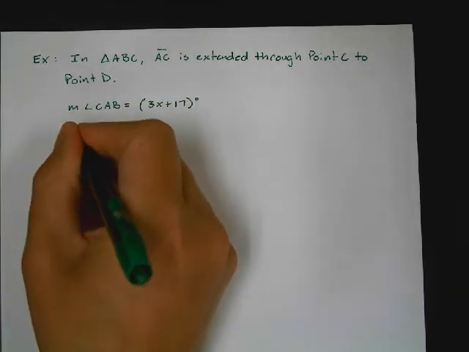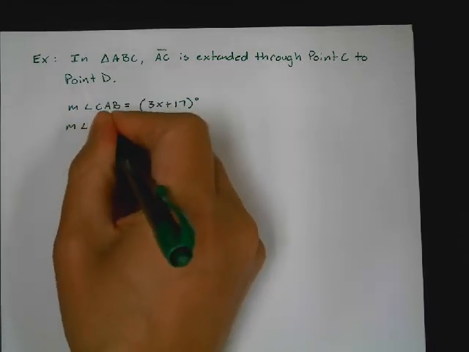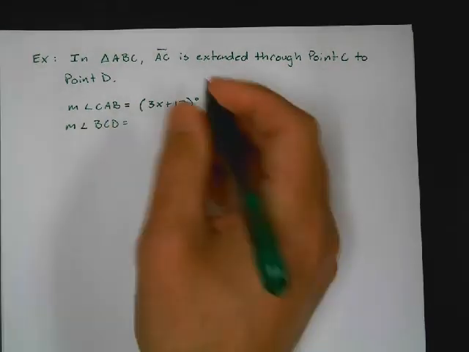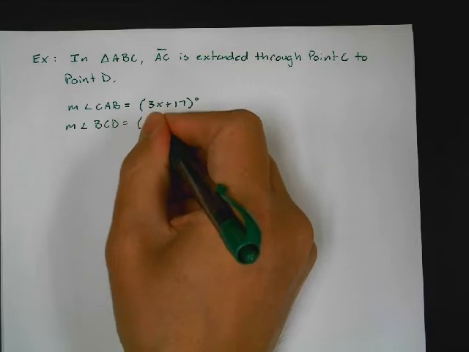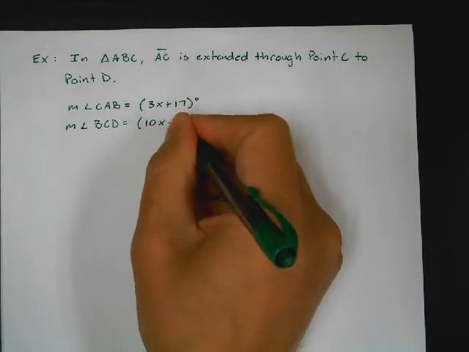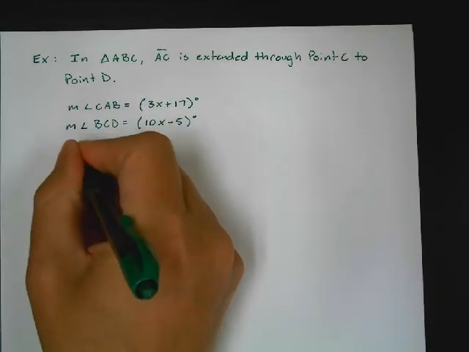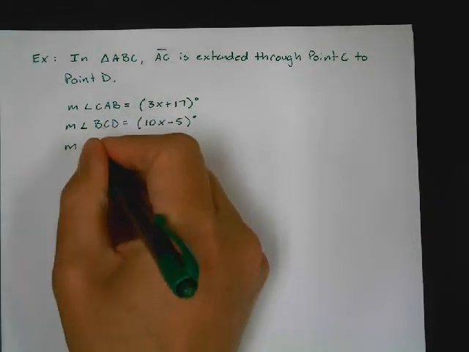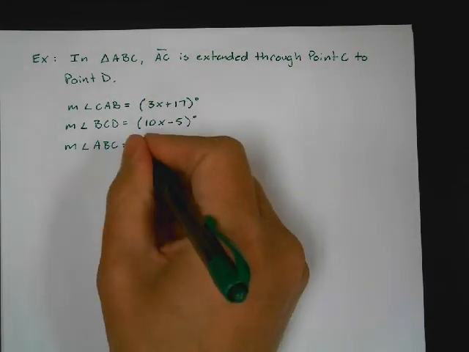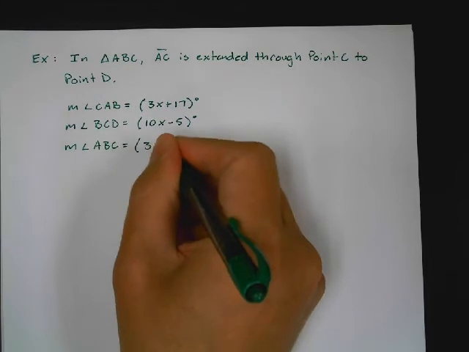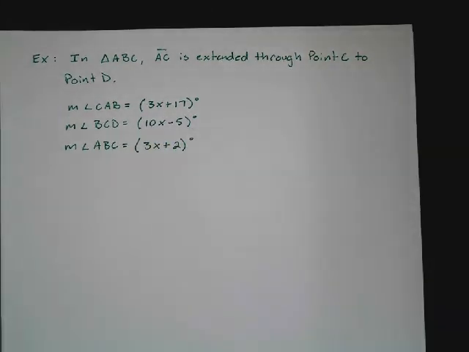We know that the measurement of angle BCD is equal to 10x minus 5 degrees. And we know that the measurement of angle ABC is equal to 3x plus 2 degrees. All right, that's all we're given on our homework tonight.